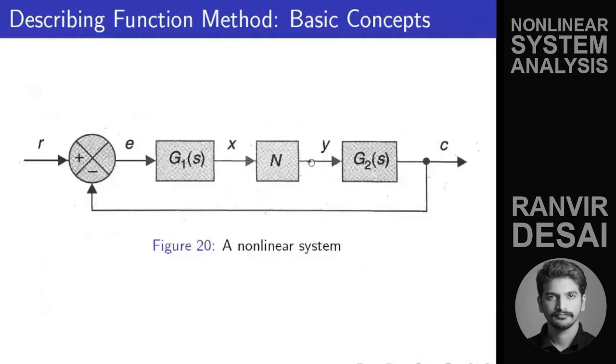See, g1 is there, g2 is there, so you can say that this is linear, but there is a nonlinearity N here. So this N has a transfer function. It may be a transfer function, or it may be some other structure, like if this, then this, else this. It may be a multi-valued function also.